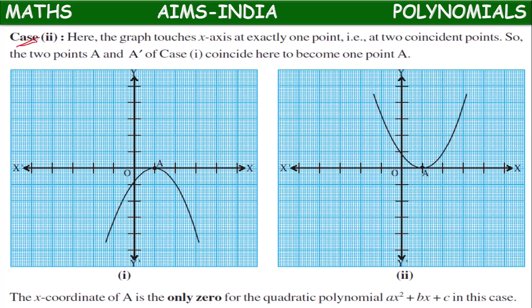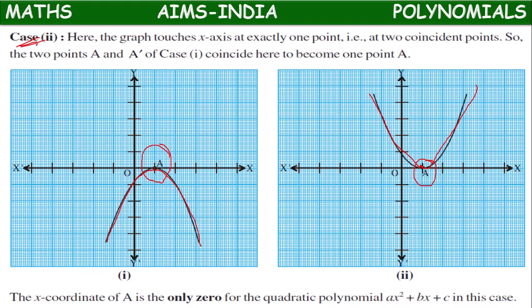Case two. Here in case two, the parabola touches the x-axis exactly at one point. This condition may also come across. Either a downward parabola or an upward parabola can touch the x-axis exactly at one point.